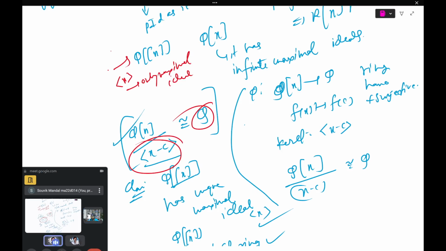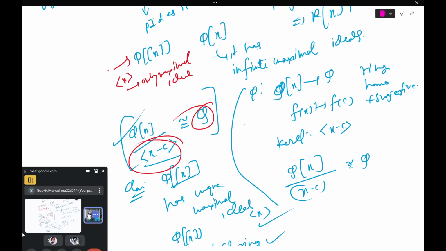Sir, what is the reason behind the infinitely many maximal ideals of Q[X]? It is shown that Q[X] modulo the ideal generated by X minus c is isomorphic to Q. How does this assure the infiniteness of the number of maximal ideals? Yes, let me explain.